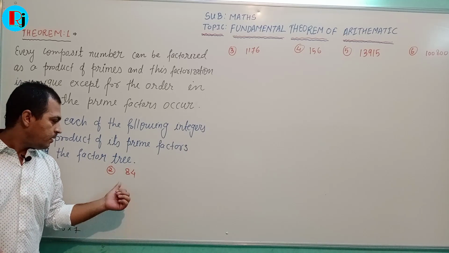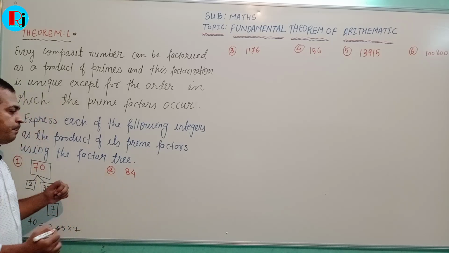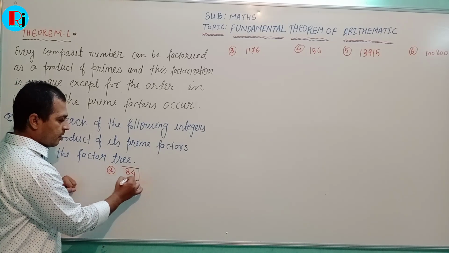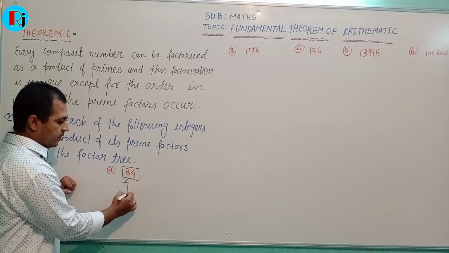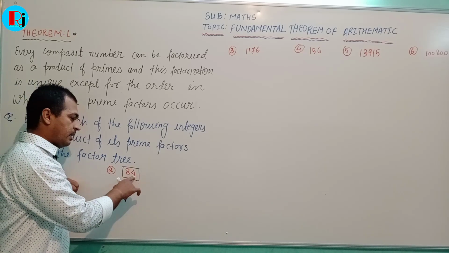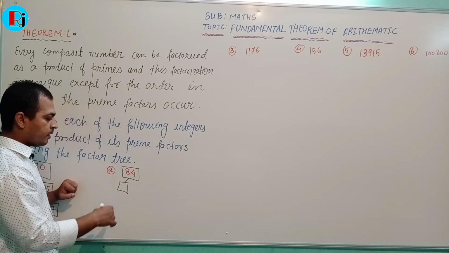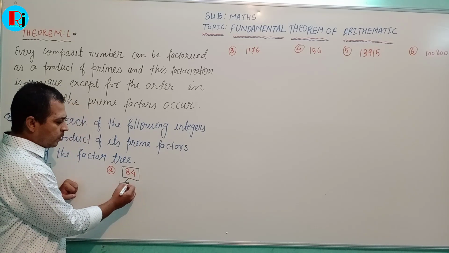Similarly, 84 can be factorized in the same way. First of all, see whether the number is even, odd or prime. So divide by 2.